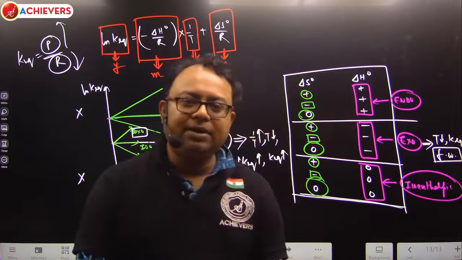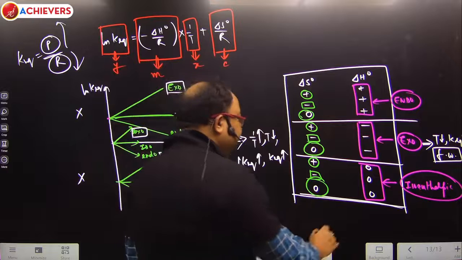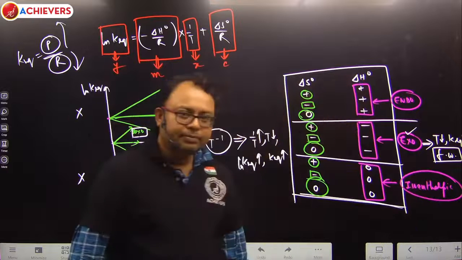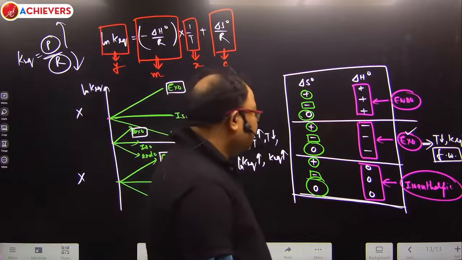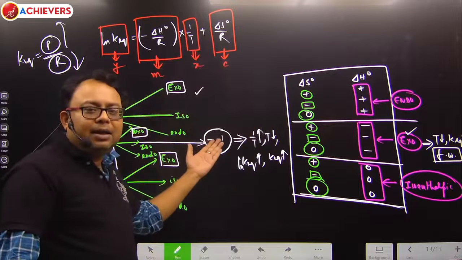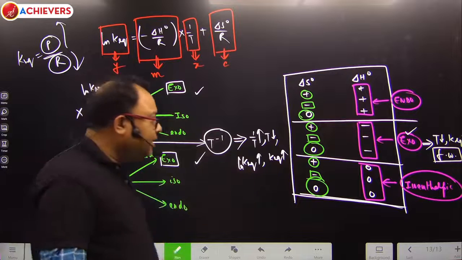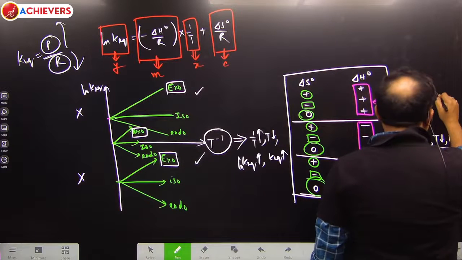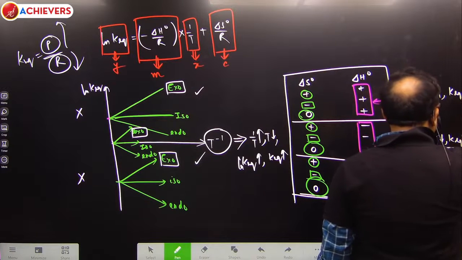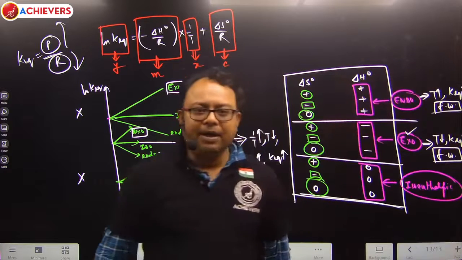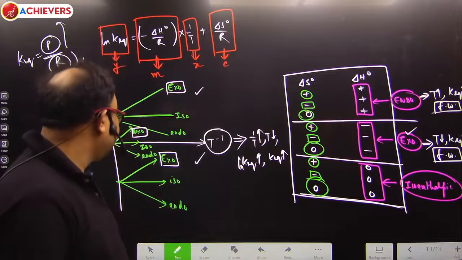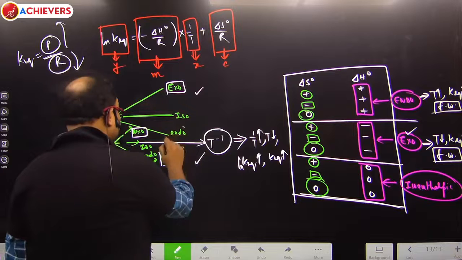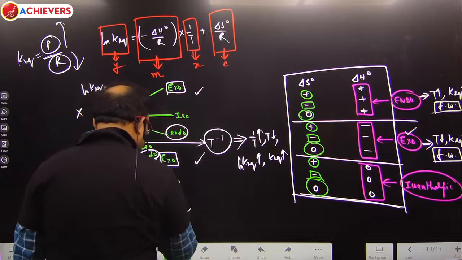So lowering of temperature favors exothermic reaction. For endothermic reaction, you don't have to interpret; the reverse thing is going to happen. With increase in temperature, KQ is going to increase. That means increase in temperature is going to favor the forward reaction.